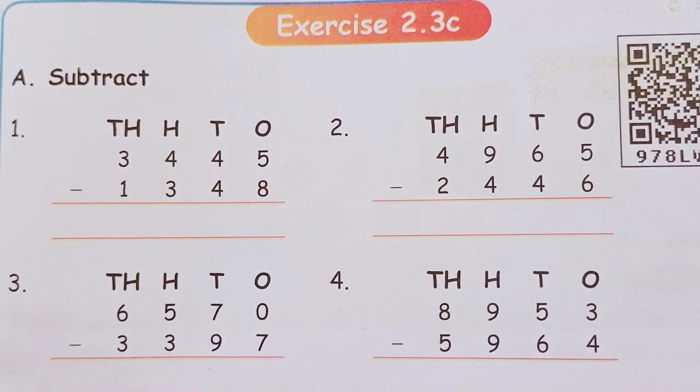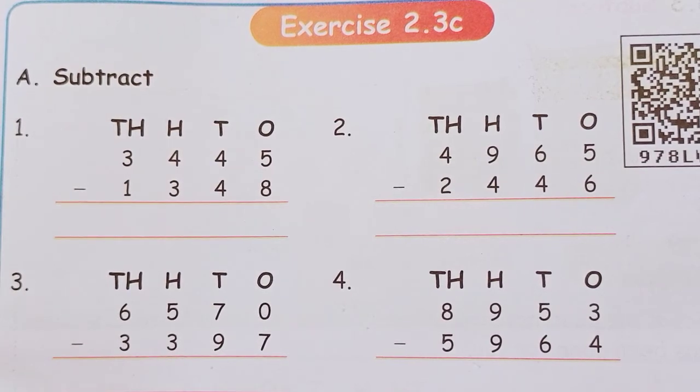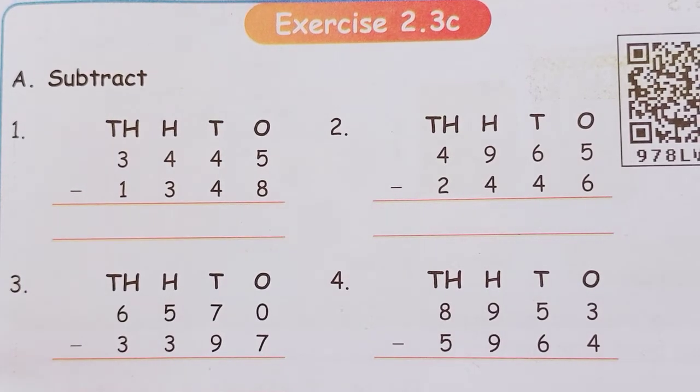Book page number 37, exercise 2.3c. All of you have taken. 4 subtraction sums are there. Do you find?